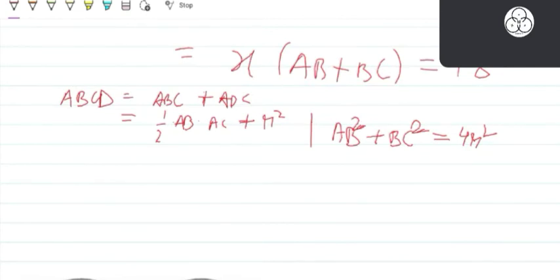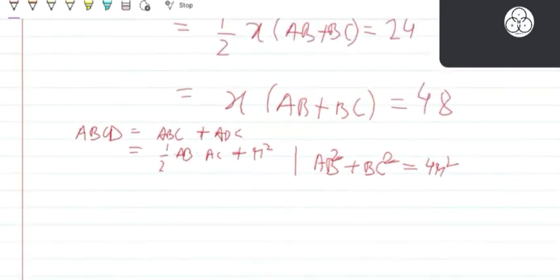Now we'll apply the few relations that we have in our hand to get the value of r square. Just write out AB plus BC whole square.